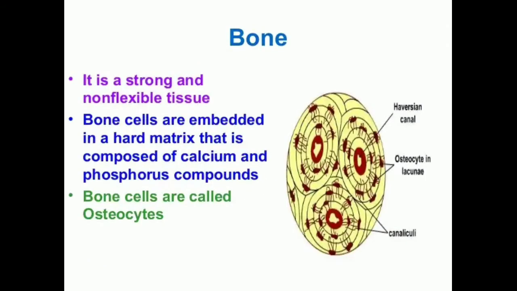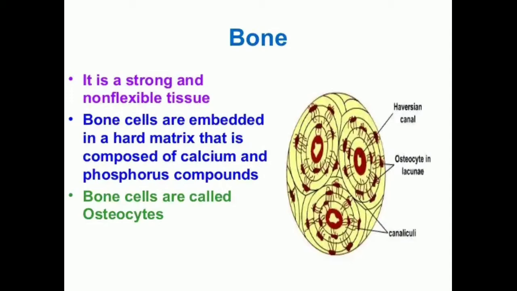So bone is another type of connective tissue. You know that the structure of our body is given by the bones, right? It forms the framework that supports the body, and it also anchors the muscles and supports the main organs of our body, right? All the internal organs are supported by the bone, and it is a strong and non-flexible tissue.